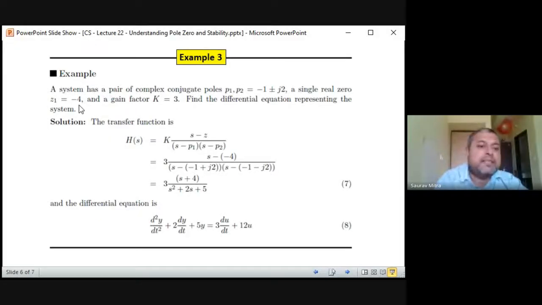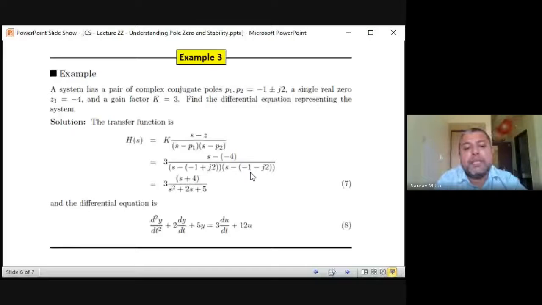No matter, the transfer function is not given actually. They have given poles and zero and they are asking you to find out the system equation. So P1 and P2 are given as minus 1 plus minus 2j and the zero is given as minus 4. So this is S minus Z. Substitute Z is equal to minus 4, so numerator becomes S plus 4.